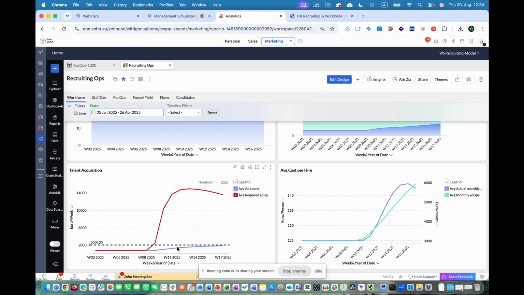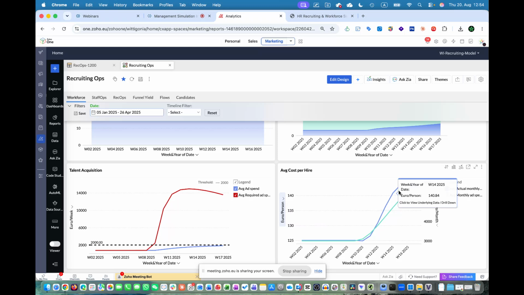But since it's a cap, that basically limits the number of applications which are entering the recruitment pipeline. Now, what that actually also means is that the cost is increasing, and the cost per hire is also fluctuating.